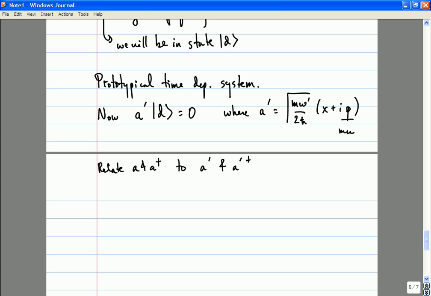Because of the factors of omega versus omega prime, they're not the same linear combination of X and P. So what you will find is that A prime is not equal to A, but it can be written as a linear combination of A and A dagger. And likewise, A prime dagger will be a linear combination of A and A dagger. Of course, the coefficients will be related by complex conjugation, just because A prime dagger is the Hermitian conjugate of A prime.